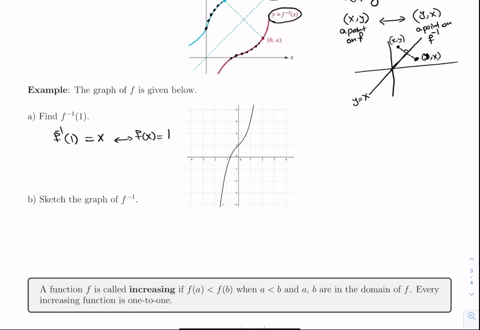It means I'm looking for a point on the graph of f where the y coordinate is 1, where f of x is 1. What is the x coordinate? 0. So x is 0, meaning f inverse of 1 equals 0.